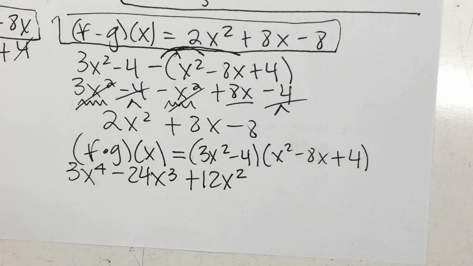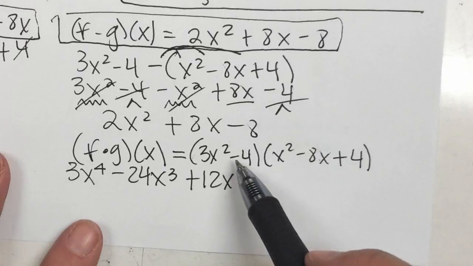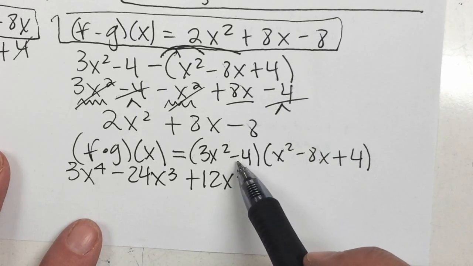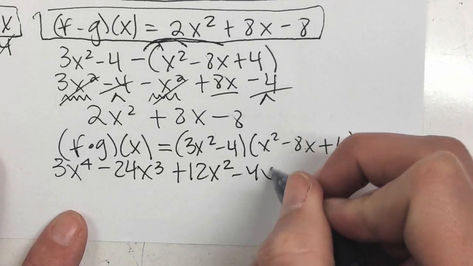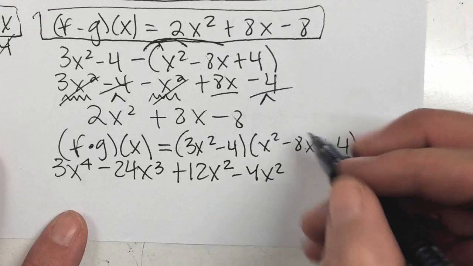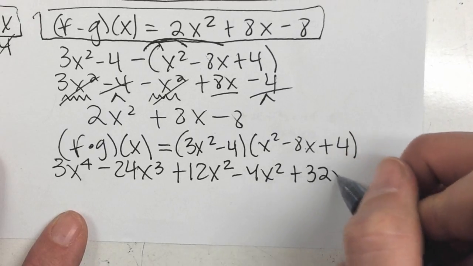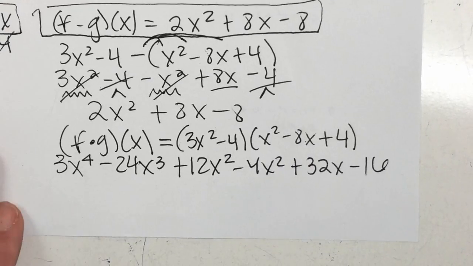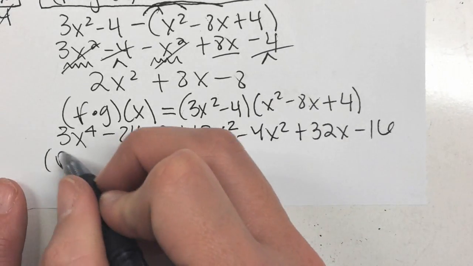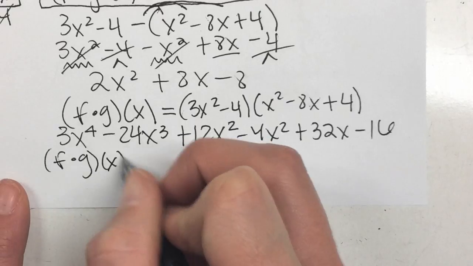And now we'd have to multiply what by all three? Negative 4. Good. Make sure that the sign in front of 4 goes with it. So negative 4 times x squared. Negative 4 times negative 8x. And then negative 4 times 4. Good. From here we just do what?